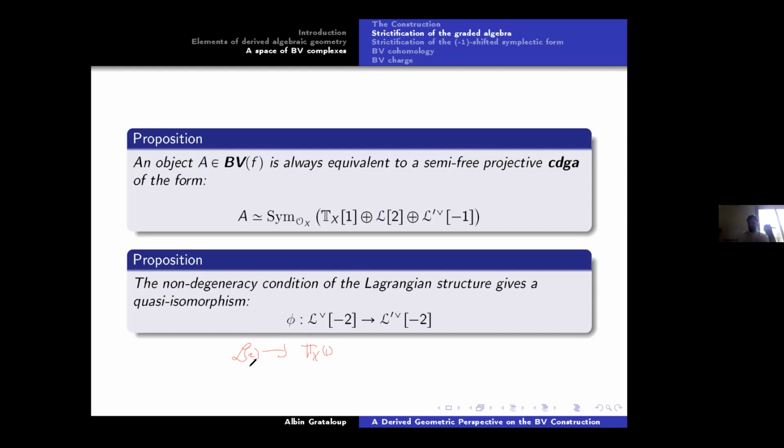And because the Koszul-Tate resolution is defined, it needs to be acyclic, and it implies that this L will surject onto the kernel of the differential, so that it is acyclic.